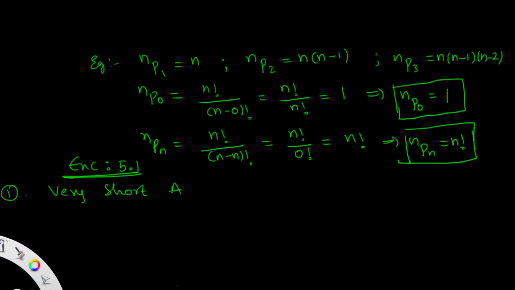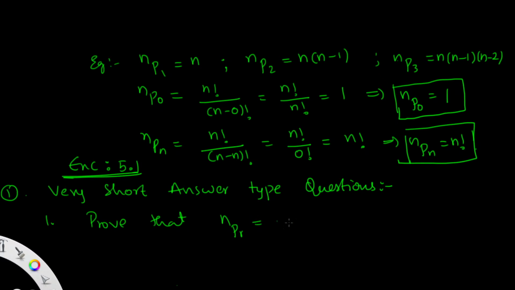The first question given is: prove that nPr equals n into (n minus 1)P(r minus 1).